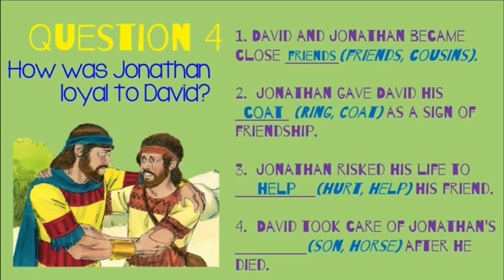David took care of Jonathan's blank after he died. Did he take care of Jonathan's son, or did he take care of Jonathan's horse? Yep, you got it. David took care of Jonathan's son after he died. You're so good at this.